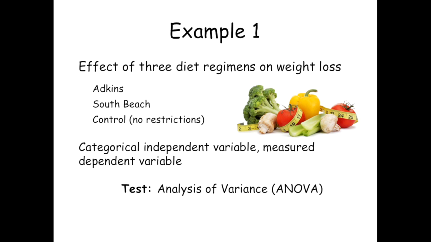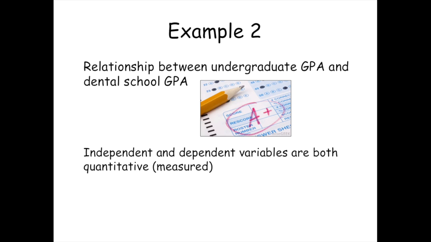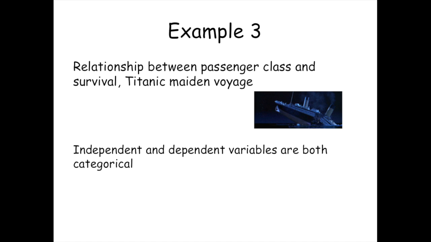There are more than 2 levels of the independent variable, so the appropriate test is analysis of variance. If there were only 2 levels of diet regimen, the appropriate test would be an independent t-test. In the second example, both variables are quantitative, and the appropriate test is regression analysis.